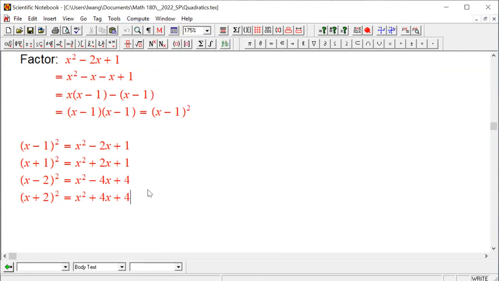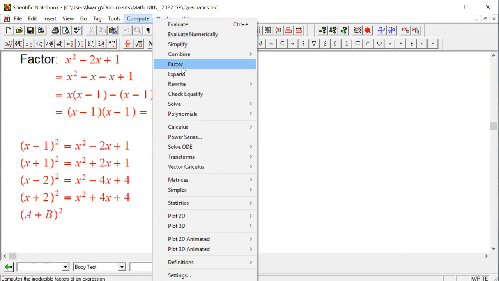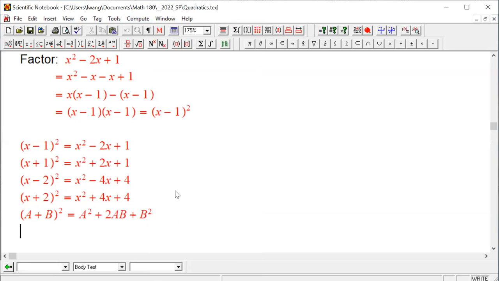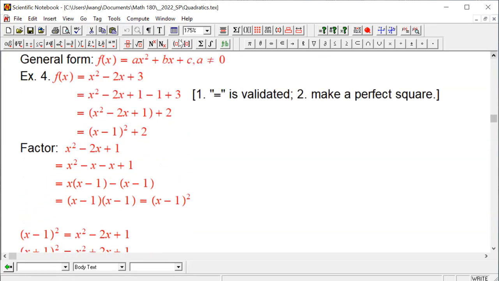Okay, so if you're familiar with certain perfect squares and their general form, in particular these general forms, (a plus b) squared, we FOIL that, or (a minus b) squared. If you are familiar with these forms, you're set to do this method.